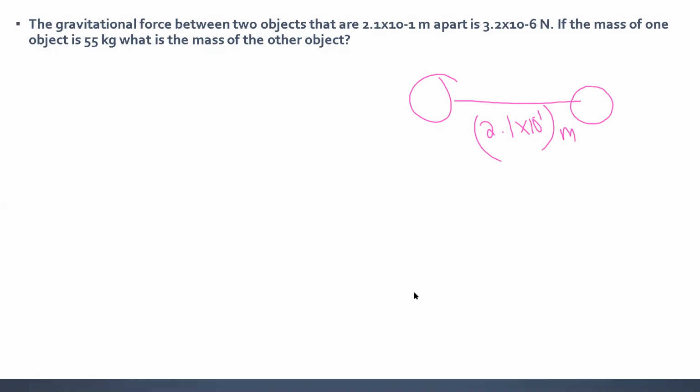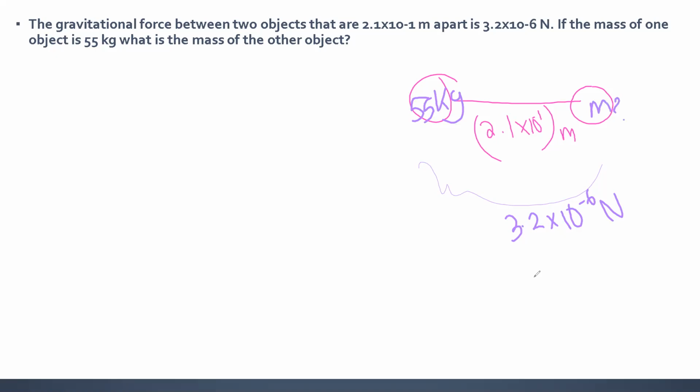And they told me the force between them is 3.2 times 10 to the power negative 6 Newton. If the mass of one object is 55 kilograms, what is the mass of the second object?